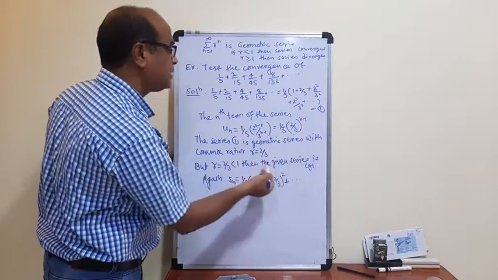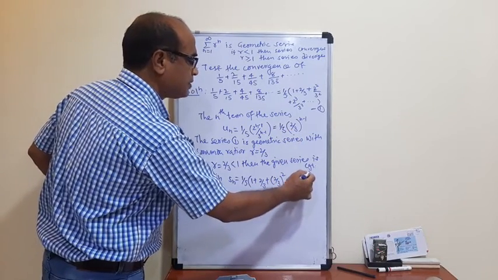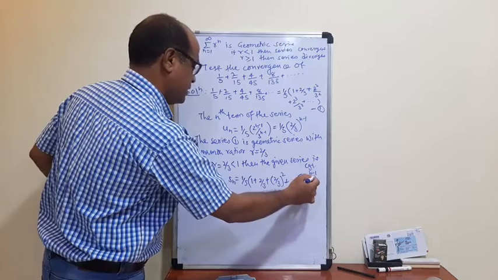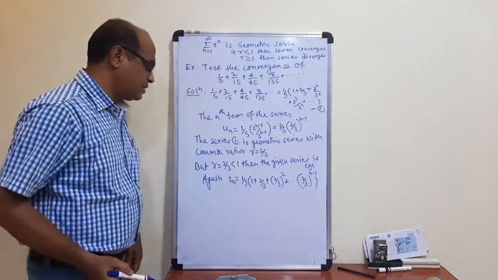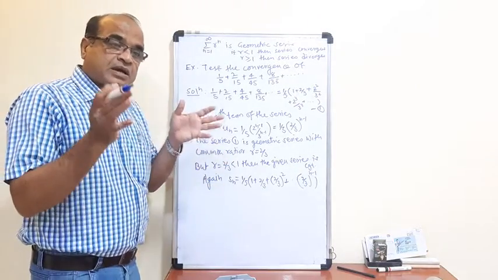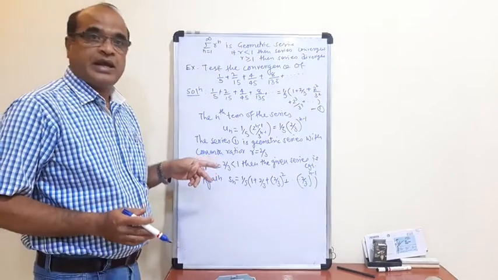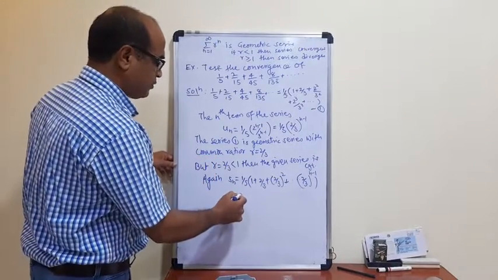What is the nth term? (2 by 3) raised to n minus 1. So this is the partial sum, meaning the sum of n terms in this series. So this is S_n.